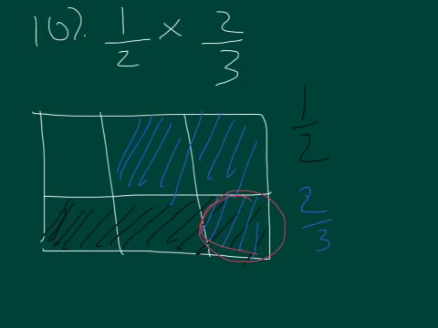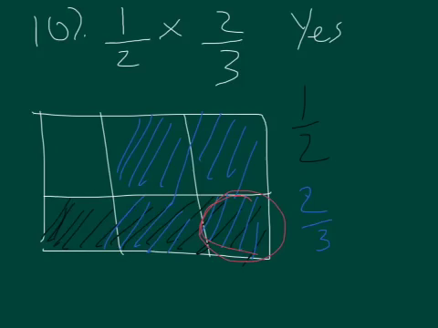Okay, so is this accurate? I'm going to say yes, because I know the blue I have, 1, 2 over here. In fact, let me change that. 2 out of 3 diagonally.